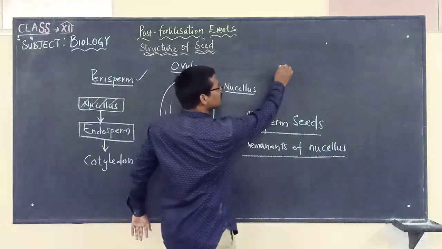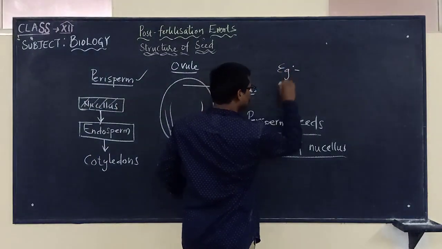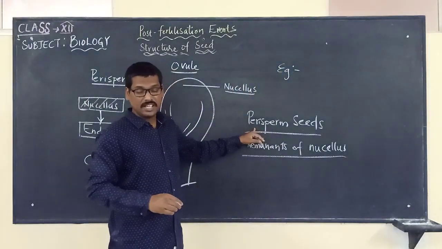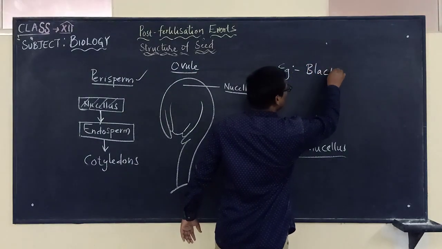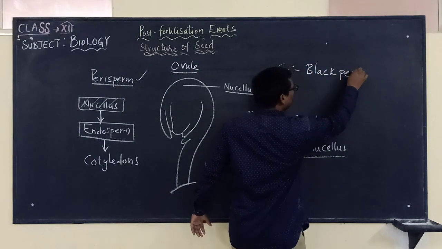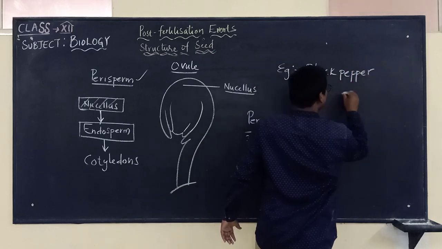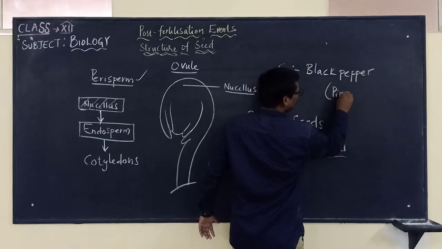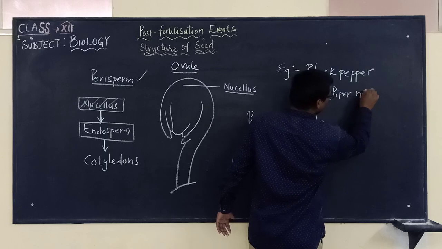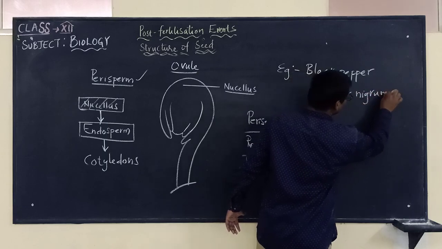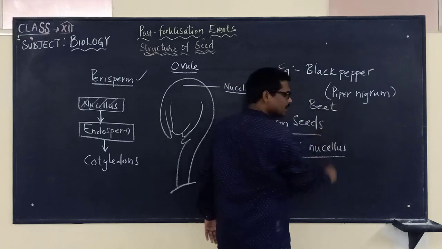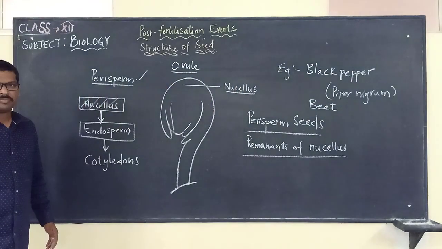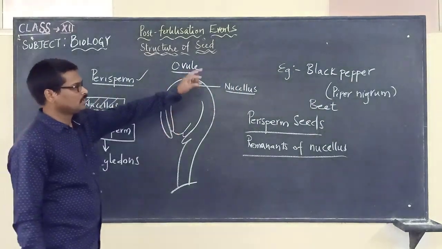The best examples that we look at when we are talking about perisperm seeds are black pepper, which we call Piper nigrum, and the second example is beet.